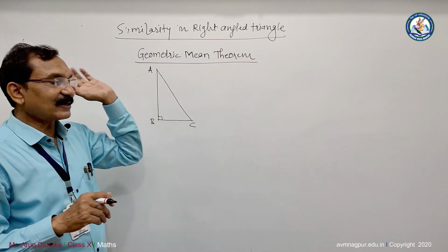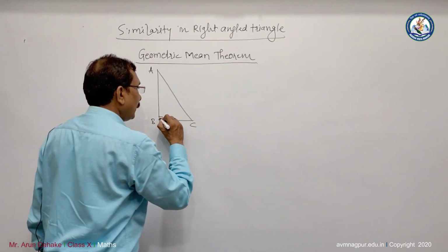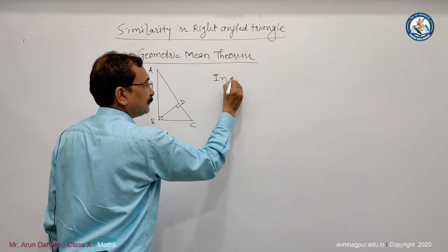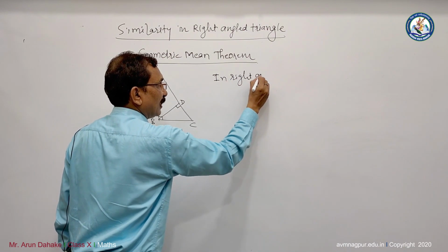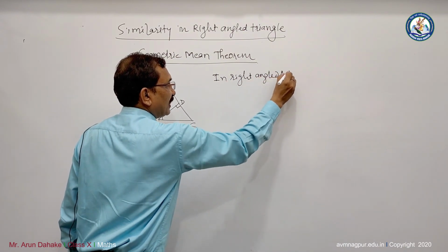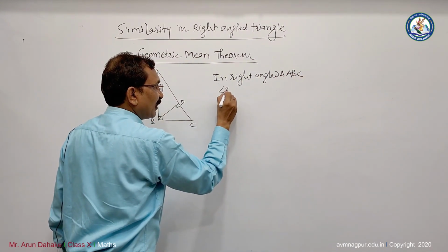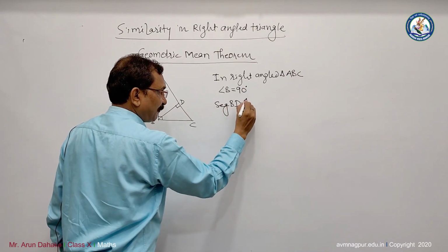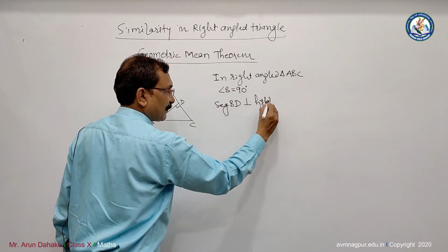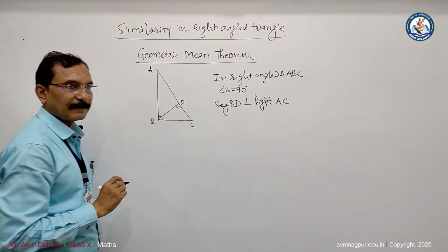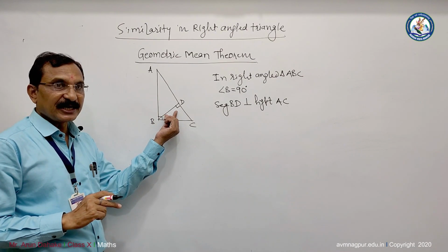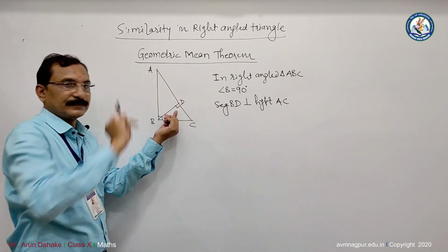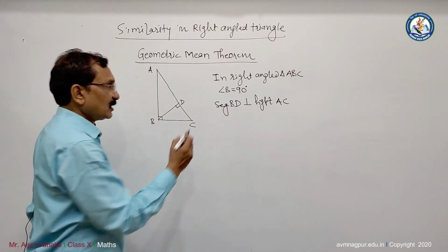So ABC is a right angle triangle, and if we draw a perpendicular here, in right angle triangle ABC, angle B is equal to 90 and segment BD is perpendicular to hypotenuse AC. That means this segment BD divides the hypotenuse into two parts, AD and DC.